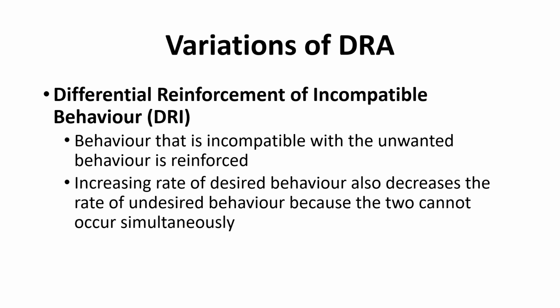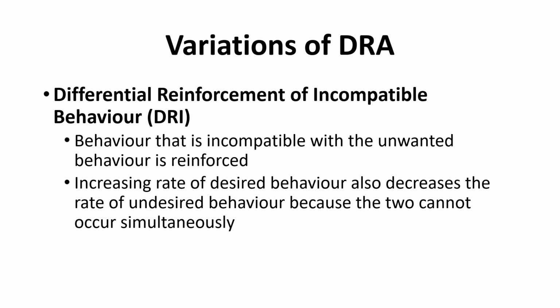So we might see differential reinforcement of incompatible behavior, so a DRI. This is when our alternative behavior is something that is specifically incompatible with our undesirable behavior. So our desirable behavior should be something that they cannot do the unwanted behavior at the same time as.